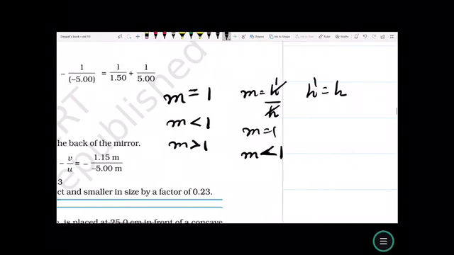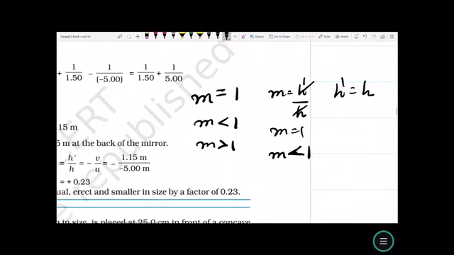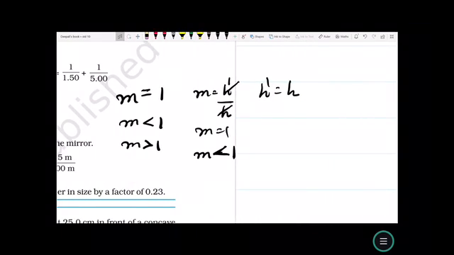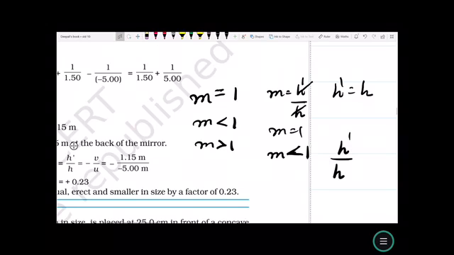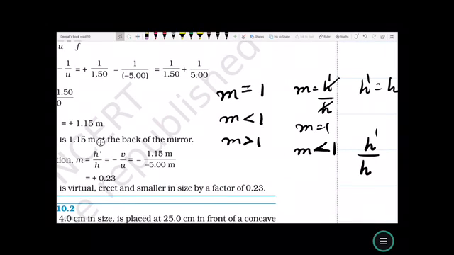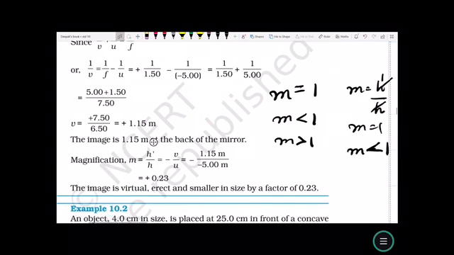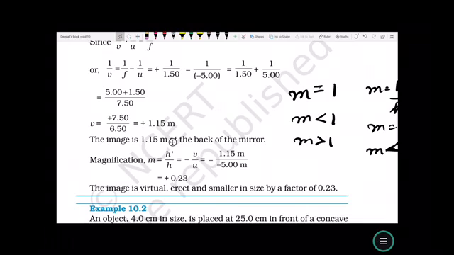This means object height and image height is same. Now, when I say M is less than 1, which means that my image height and object height should be in what ratio? H prime upon H will give you less than 1.